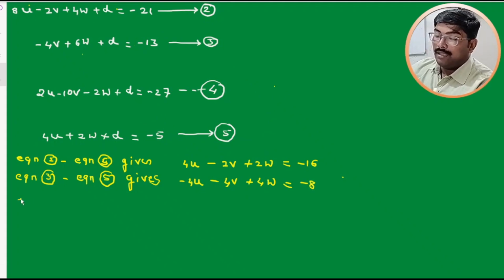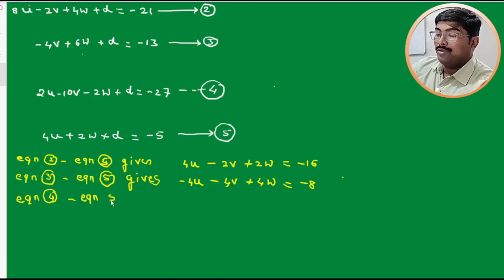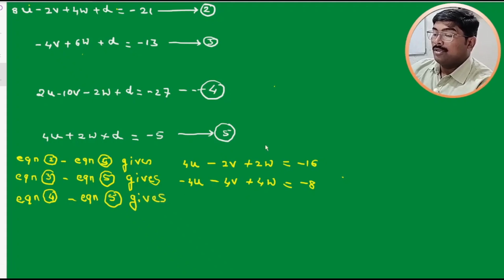Now similarly equation 4 minus equation 5 gives, so equation 4 minus equation 5 means you have to subtract equation 5 from equation 4.